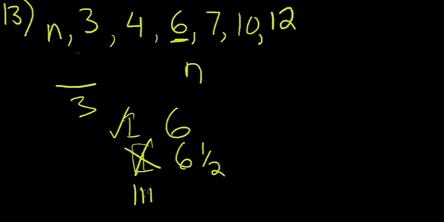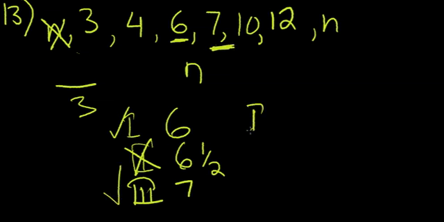And choice 3 is 7. Well, it could be 7 if n was added over here. Then there's 1, 2, 3, 4. Then 7 becomes the new median, so that's correct. So choices 1 and 3 are correct, which is choice D.